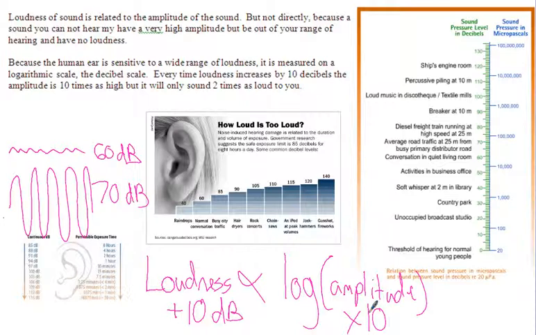Here are some different scales showing where we sit in terms of the loudness of things. Basically we try to keep our life somewhere around 60 decibels. It's a nice comfortable volume. Some of you may listen to your music a little bit louder. A rock concert, according to this, is at 105.